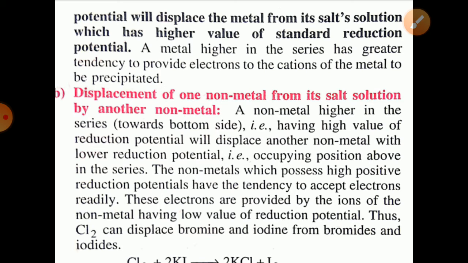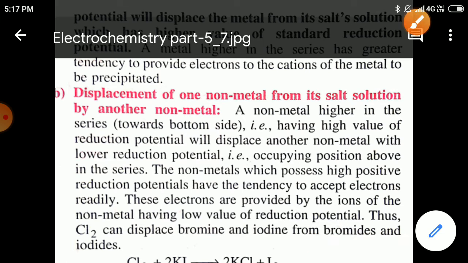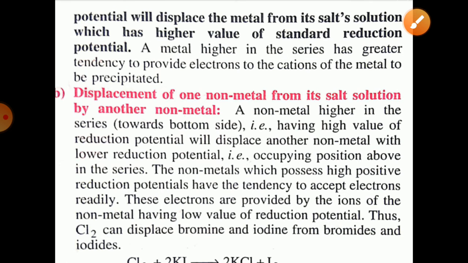A metal higher in the series has a greater tendency to provide electrons to the cation of the metal to be precipitated.